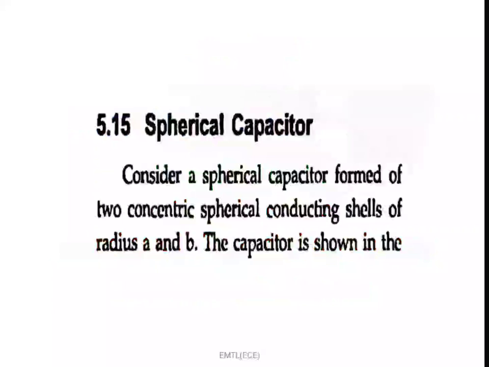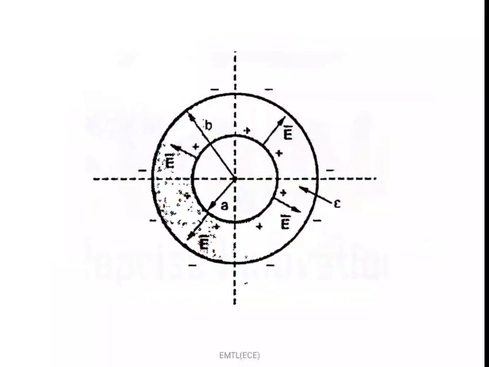So how is a spherical capacitor formed? A spherical capacitor is formed of two concentric spherical conducting shells of radius A and B. The capacitor is shown in the figure.